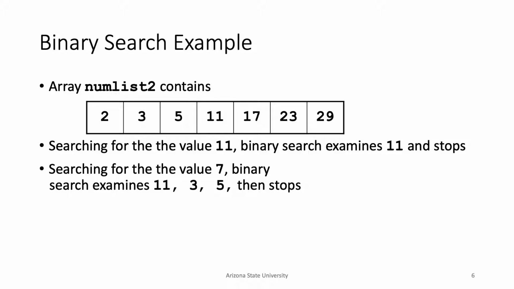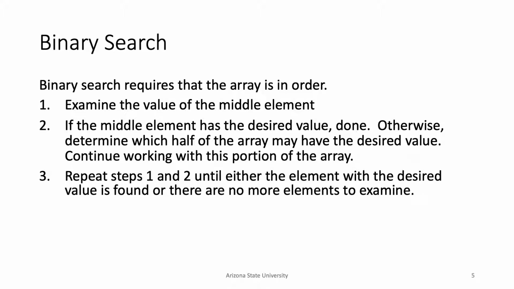No, it's the middle index, not the middle value. So there's always a middle index. The value may be equal to the largest value in the array, so it could be really skewed. All I care about is that the list is sorted, and I find the middle index, not the middle value. When I said middle value, it says here value of the middle element, so it's the middle index here.